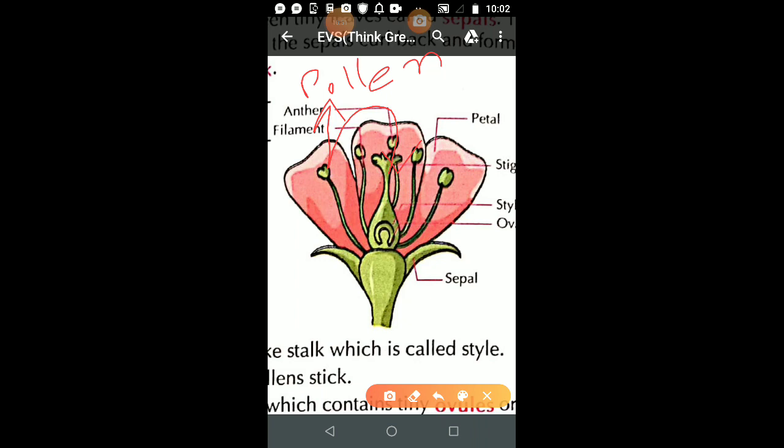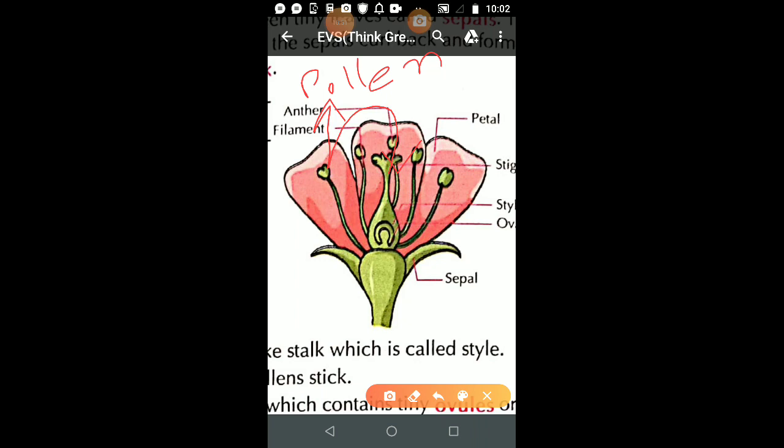So one self pollination definition which I have given, it happens in the same flower, because this flower has both the male and female reproductive parts. If it happens in the same flower, that is also known as self pollination.